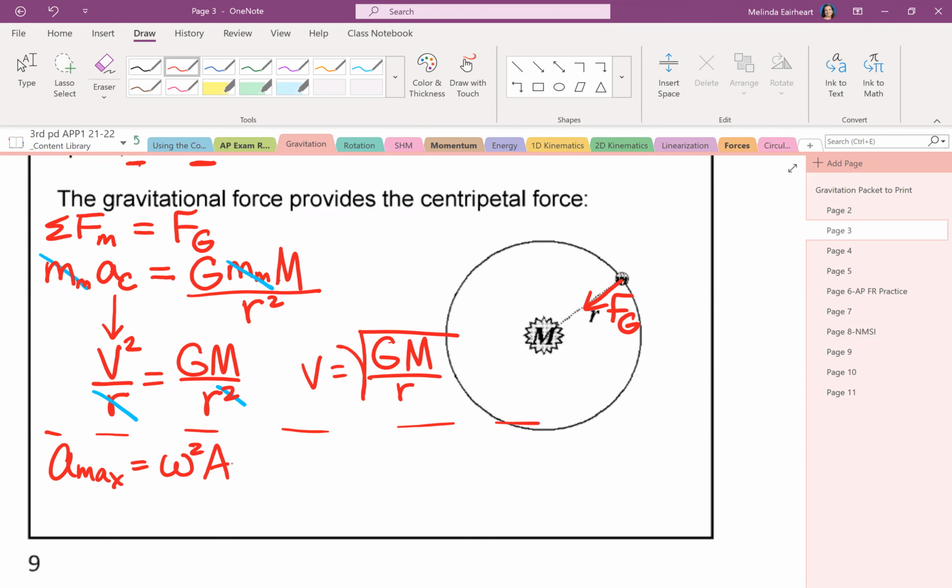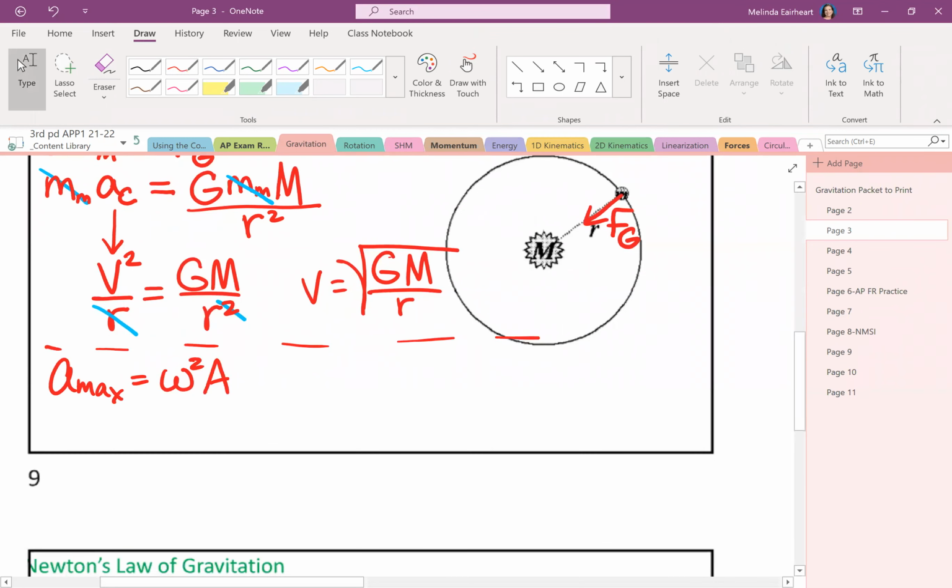Well, if cycles and circles relate, which now we know they do, how can I write this? Centripetal acceleration equals that angular acceleration. What would be our max amplitude, our max distance here in this problem? Don't think amplitude, just think about distance. R. Okay, so that radius.